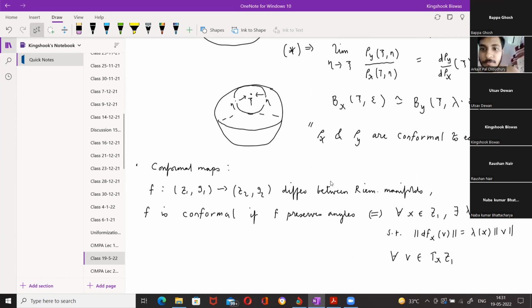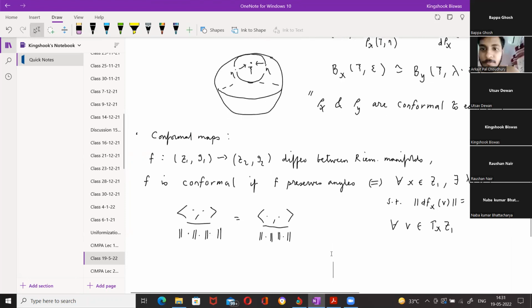Remember, what does it mean to preserve angles? Angles means you look at the inner product divided by the product of norms, and this quantity is preserved under df. It's easy to see this holds if and only if the inner product is preserved up to a scalar.